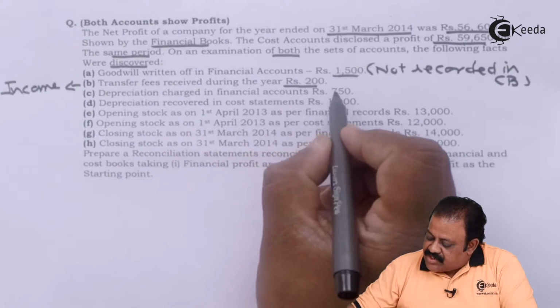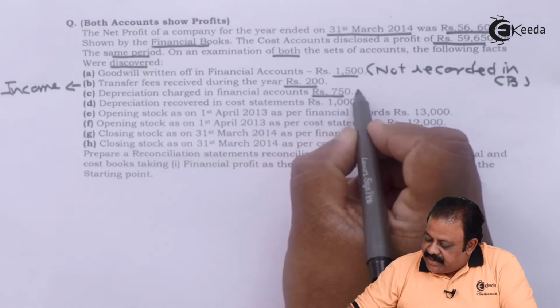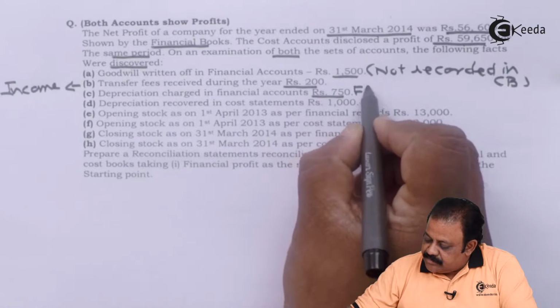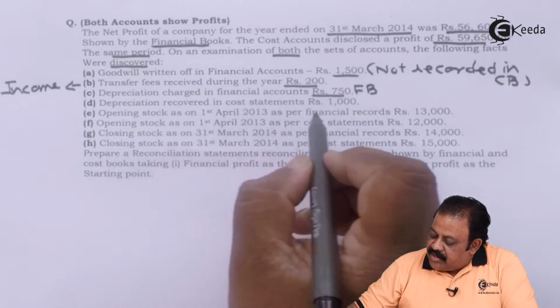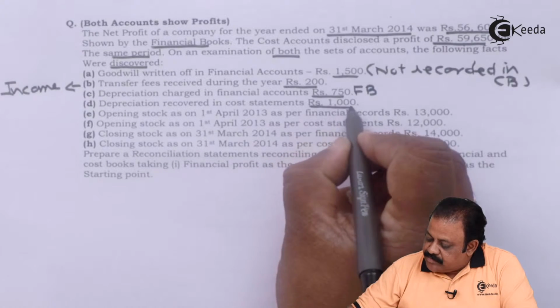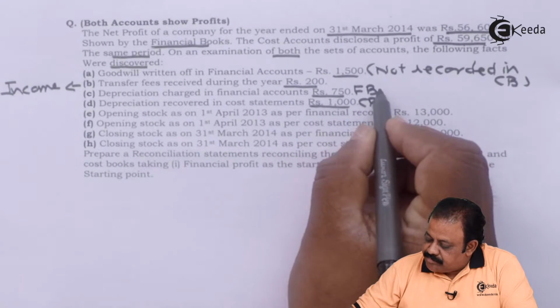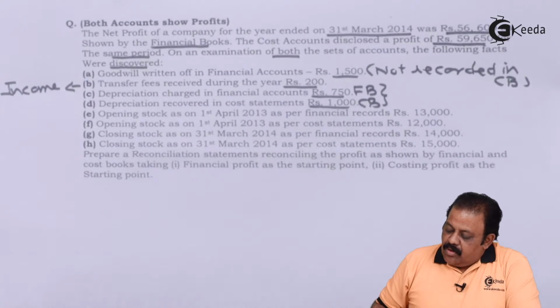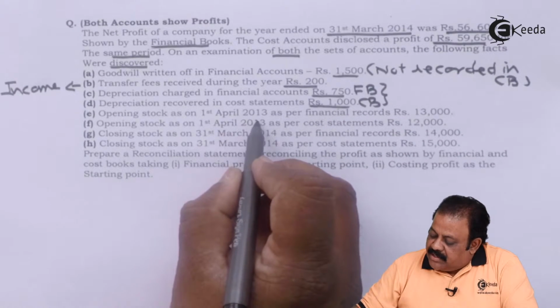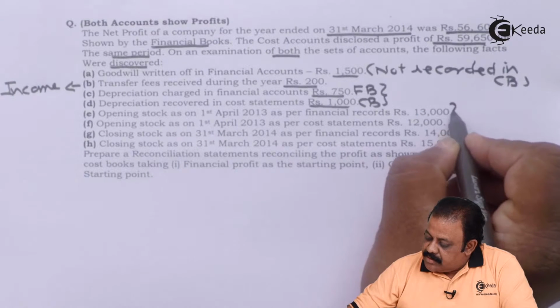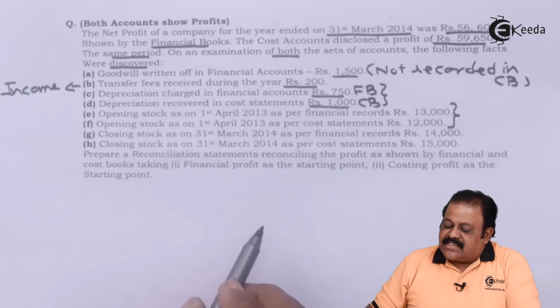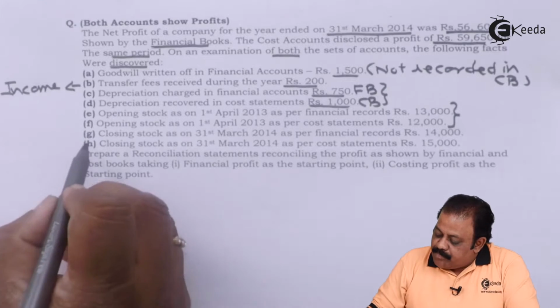Depreciation charge in financial account 750. Depreciation recovered in cost statement rupees 1,000. Opening stock on 1st April 13 as per financial record 13,000. As per cost statement it is 12,000.